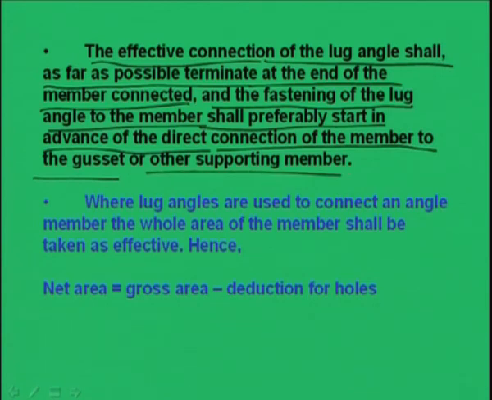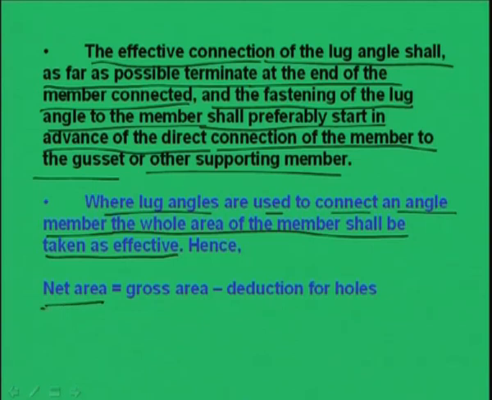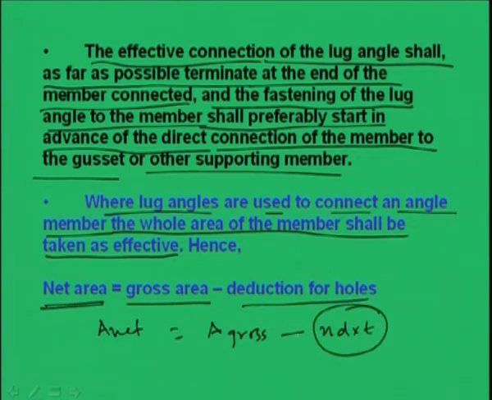Also, where lug angles are used to connect an angle member, the whole area of the member shall be taken as effective. Therefore, the net area can be calculated as gross area minus deduction for holes. So A net is A gross minus the deduction for holes. If n holes are there, the hole area is n into d into t.